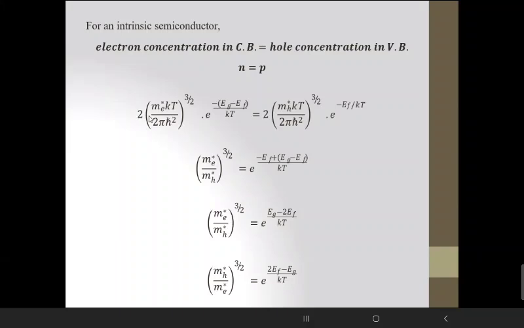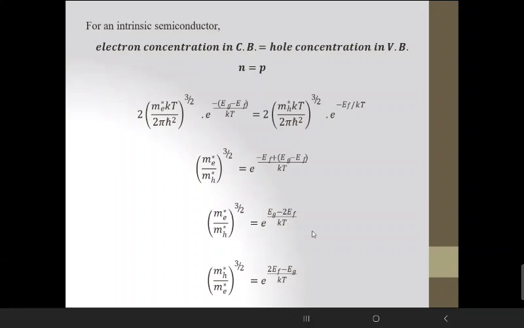That means you are equating those two formulas. When you are equating, you will get (me star over mh star) to the power 3 by 2 exponential of (minus Ef plus Eg minus Ef) over kT.